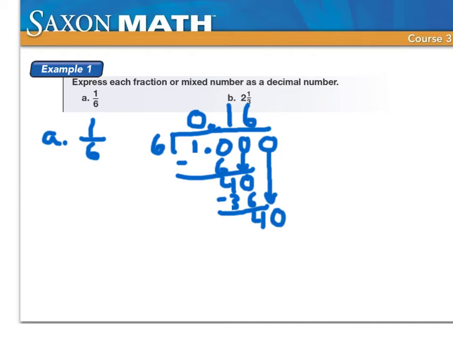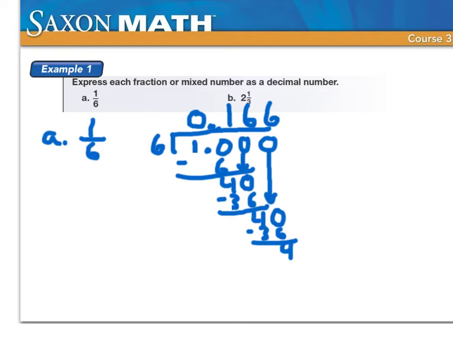Now if I look right here, I already had 40 once, and now I have it again. How many times does 6 go into 40? 6 times again, and I can multiply again and get 36. What happens here is I'm repeating now. I got 40, and I got 40, and then again I bring down a 0 and get 40. So that tells me the 6 repeats.